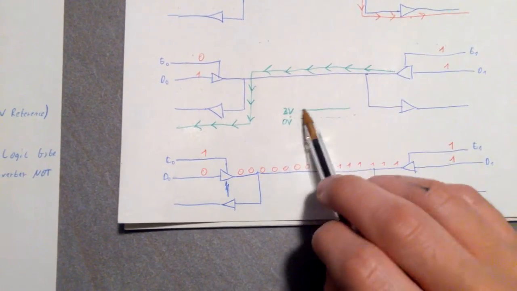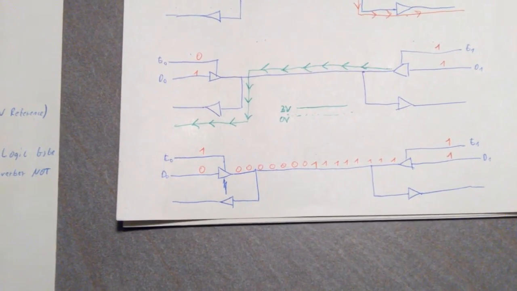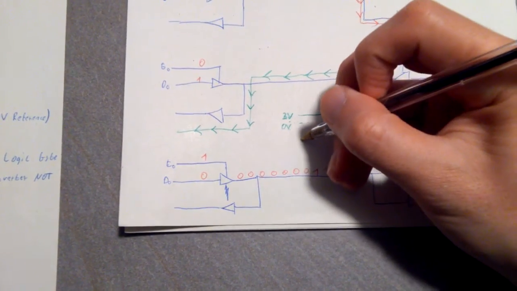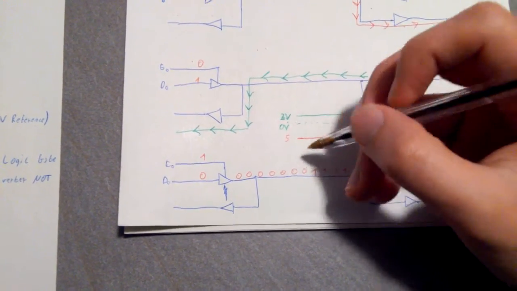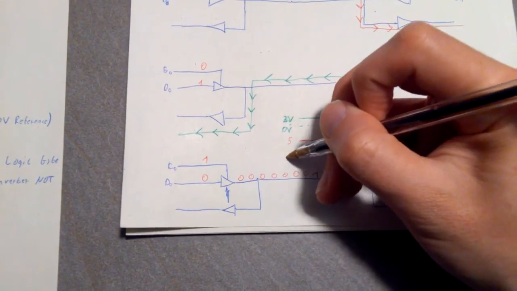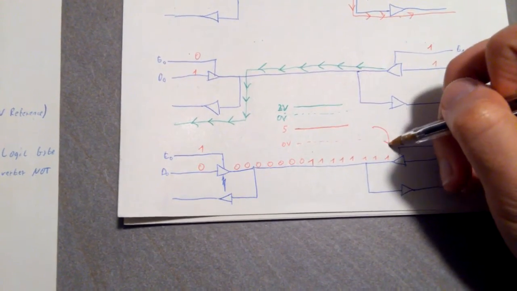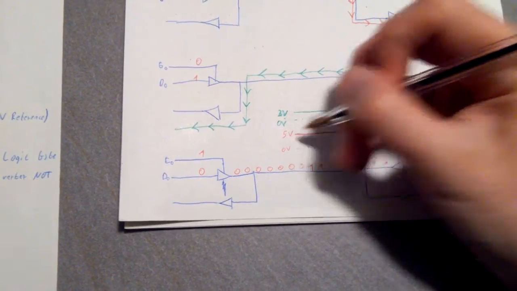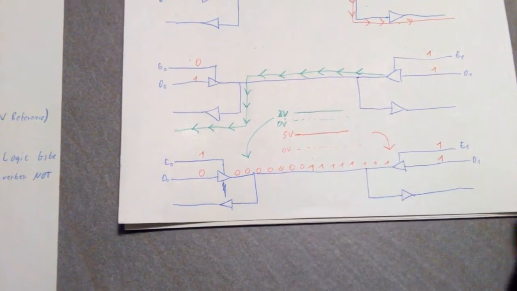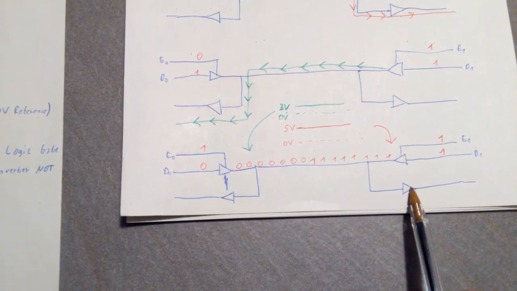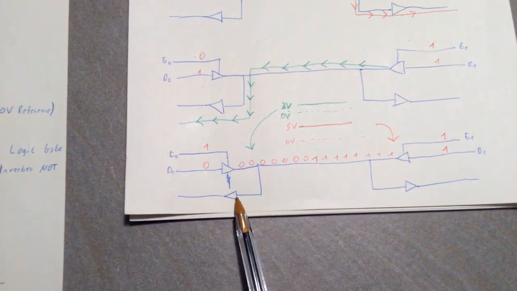Okay, so it's sending low. And let's suppose that this guy here instead is high, so perhaps it's sending 5 volts. Okay, so this one is sending 5 volts, and this guy is sending 2 volts. So this one is actually expecting to receive 2 volts, and this one is actually expecting to receive 5 volts.